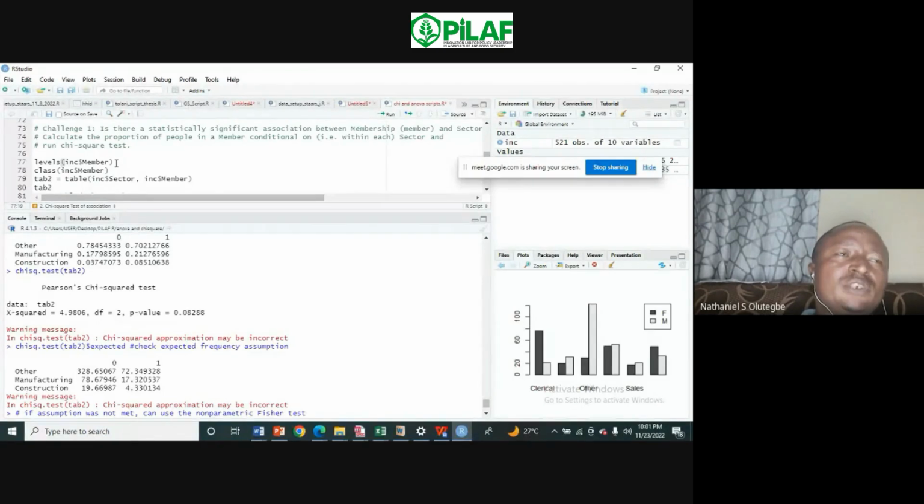At the end of the day, you have been able to reduce a continuous variable or an integer to a lower level of measurement, which is now nominal. We are now dealing with a categorical variable. So in that case, you can still make use of this tool.